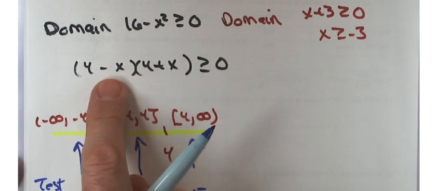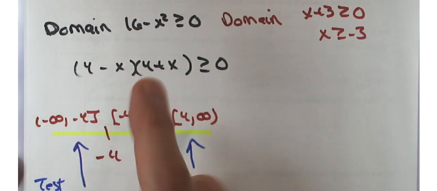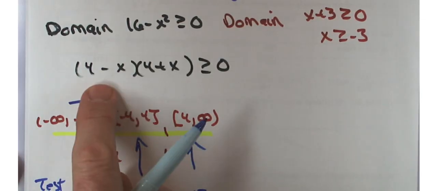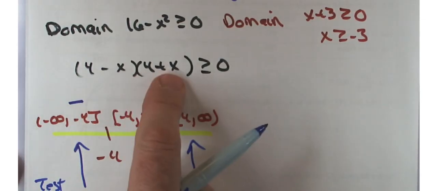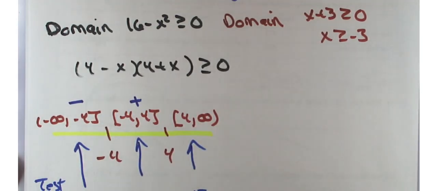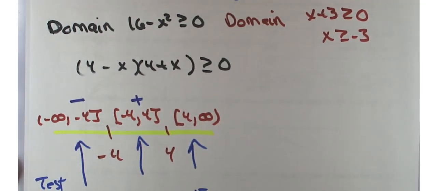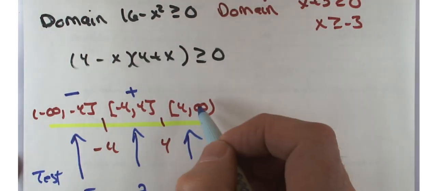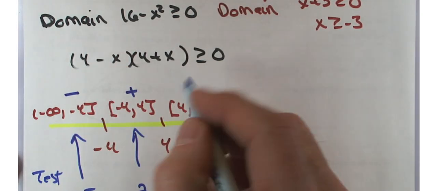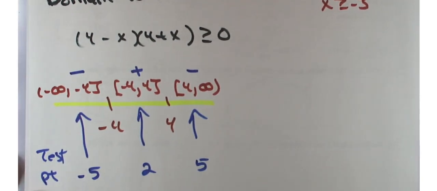So I'd have 9 times -1. That's negative. What if I put in a 2? I'd have a positive times a positive. Positive times a positive has to be positive. And then the last one here, if I put in a 5, 4 minus 5 is -1 times 9. It'd still be negative. So negative, positive, negative.